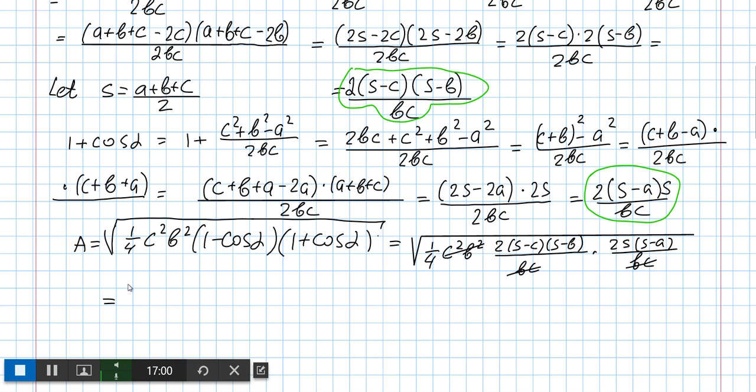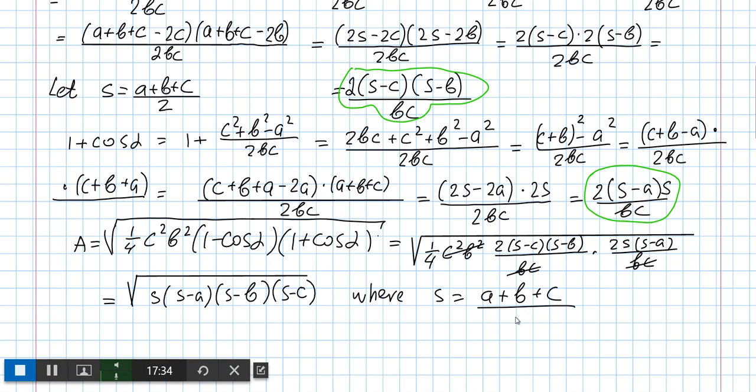I get my final formula: the square root of S(S minus a)(S minus b)(S minus c). And this is indeed Heron's formula, where S is the semi-perimeter, S equals (a plus b plus c) over 2. This is the final result.